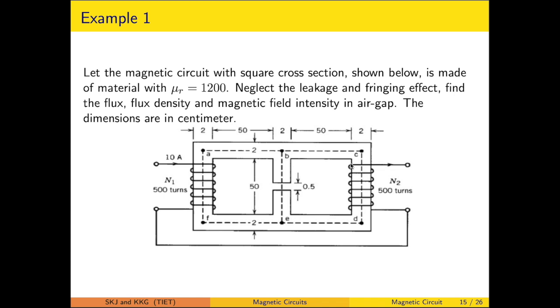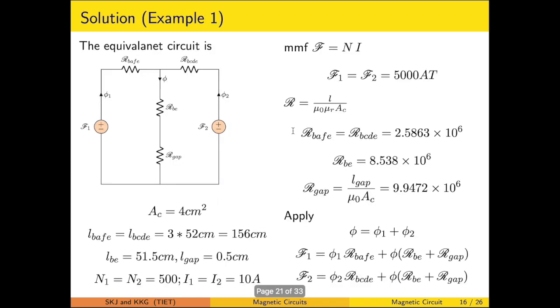So the flux generated by the second and the flux generated by the first go through this. Here the permeability is specified, that is 1200. We are told to neglect the leakage and fringing effect, and we are interested in finding the flux density and magnetic field intensity in the air gap.